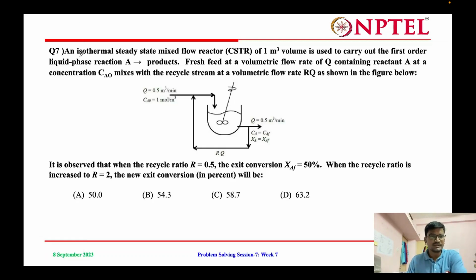Now question number 7. An isothermal steady state mixed flow reactor CSTR of 1 meter cube volume is used to carry out a first order liquid phase reaction A gives products. Feed at a volumetric flow rate Q containing reactant A at a concentration A naught is mixed with a recycled stream at a volumetric flow rate RQ, as shown in the figure below.